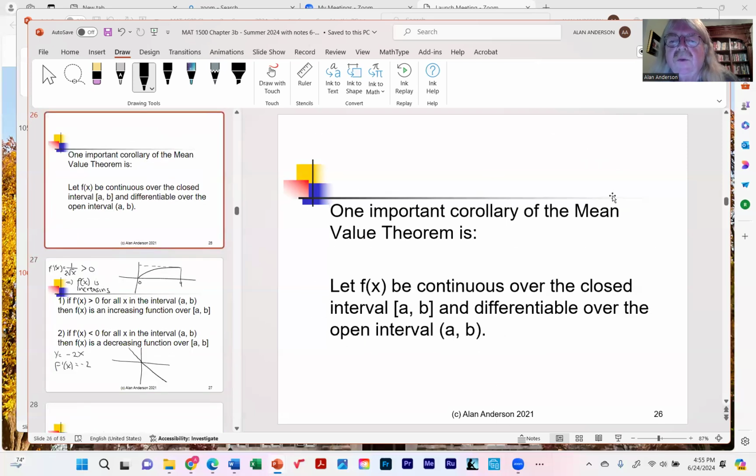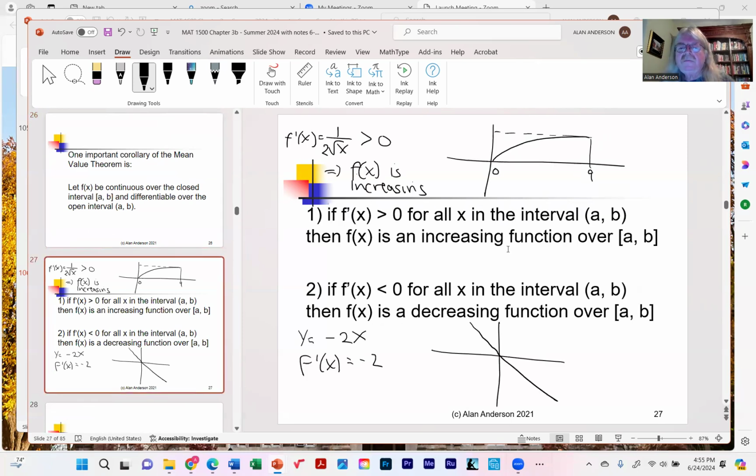So one important corollary, which means one of the implications of it, is that if f of x is continuous over this interval and differentiable, and by the way, if you notice the way this is written, they're leaving open room for the possibility that it's not differentiable exactly at the endpoints. But inside this interval, the function is both continuous and differentiable, and f prime of x is positive.